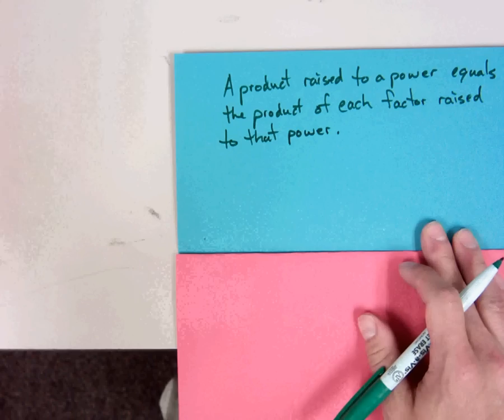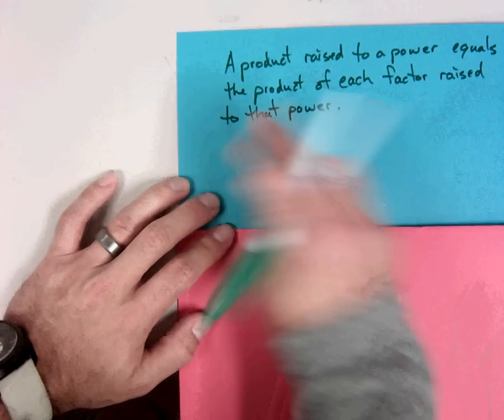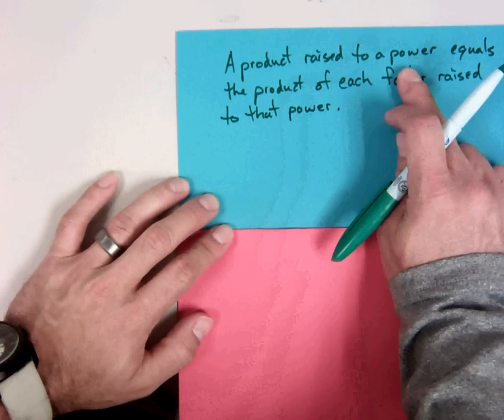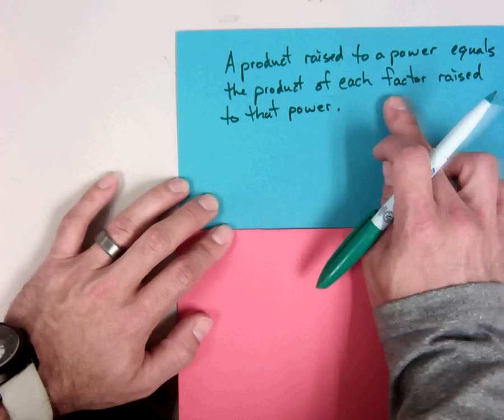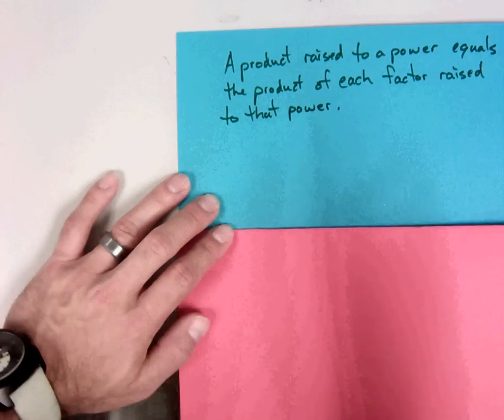Okay? Now, let's see what that looks like in numbers. A product raised to a power equals the product of each factor raised to that power. Oh man, lots of vocabulary here.